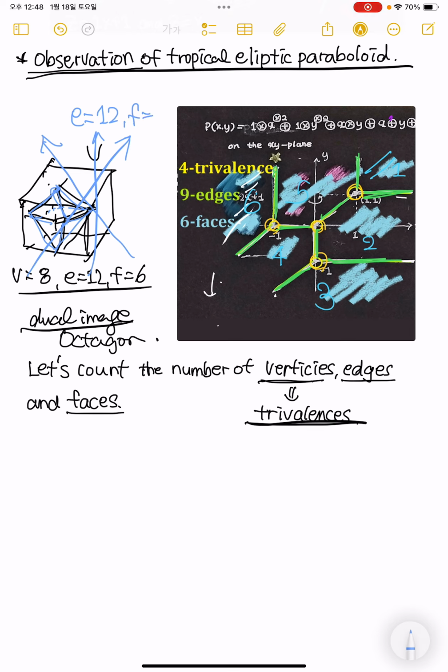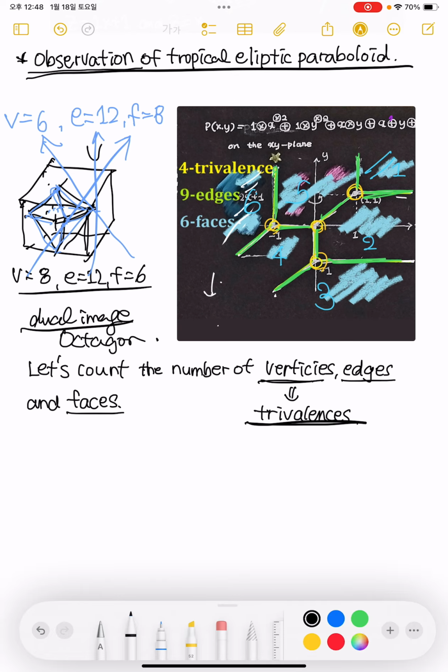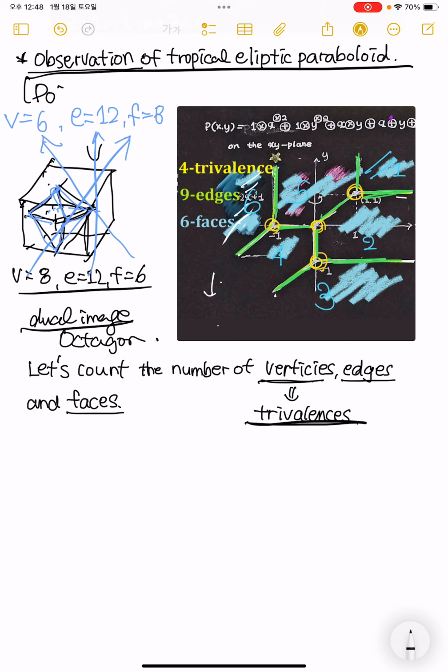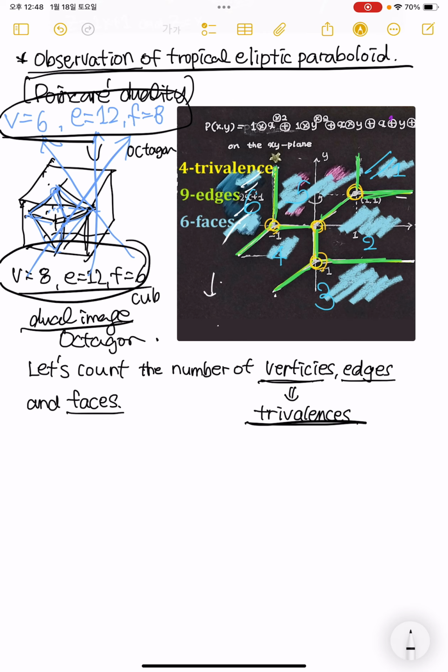Faces total 8, and vertices 6. So that is the so-called Poincaré duality between the octahedron and the cube.